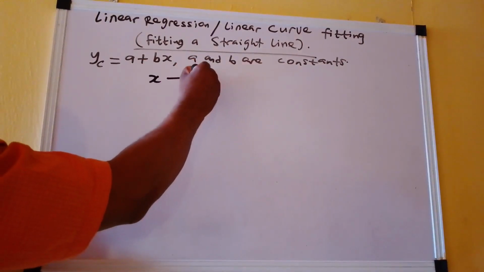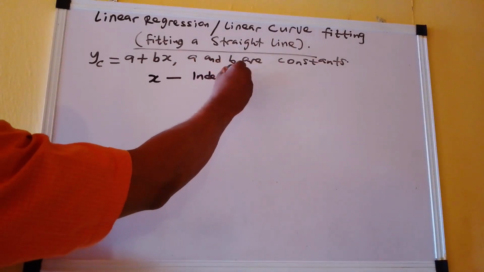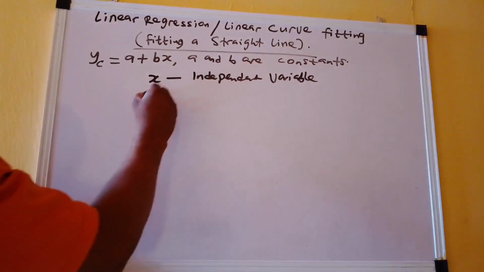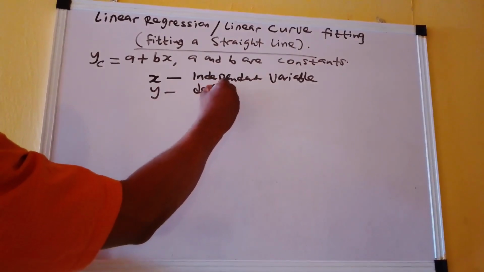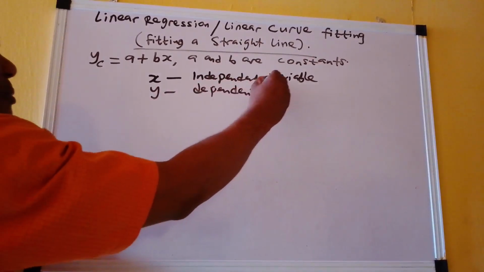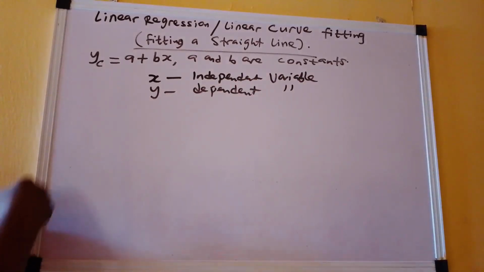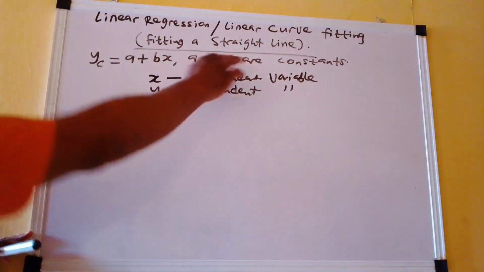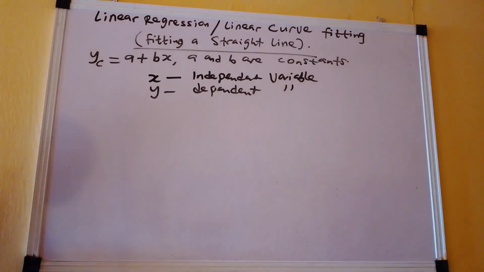X is known as the independent variable, and y is called the dependent variable. That's why you can see it: y equals a plus bx. A and b are regression constants, or you can simply call them constants that must be solved for.